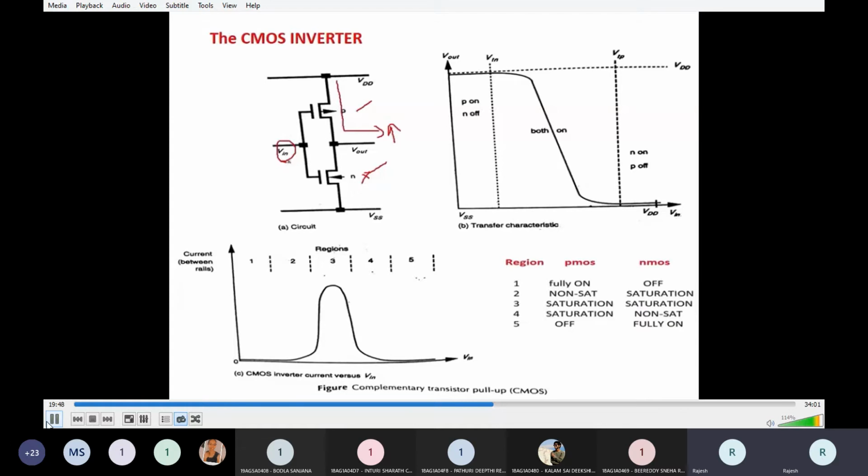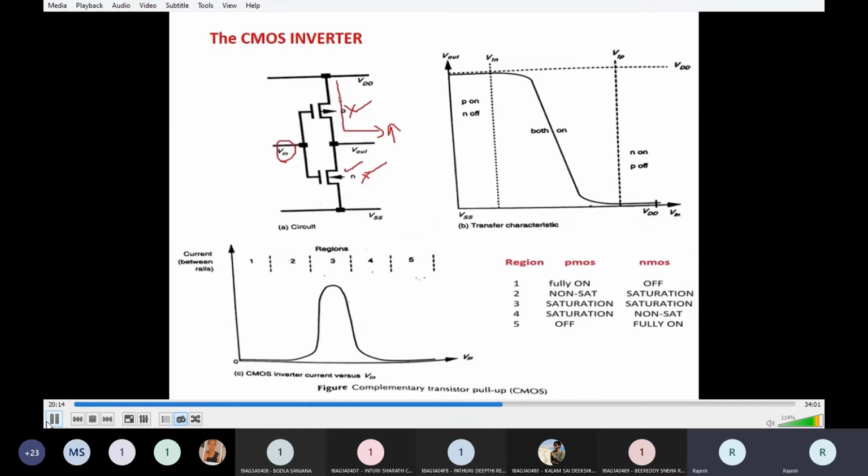Next, whenever Vin is high or logic 1, the NMOS turns on because of the high input, and the PMOS turns off, also because of the high input. It is off, meaning this PMOS transistor acts as an open circuit. It is open, meaning VDD is not connected to the output.